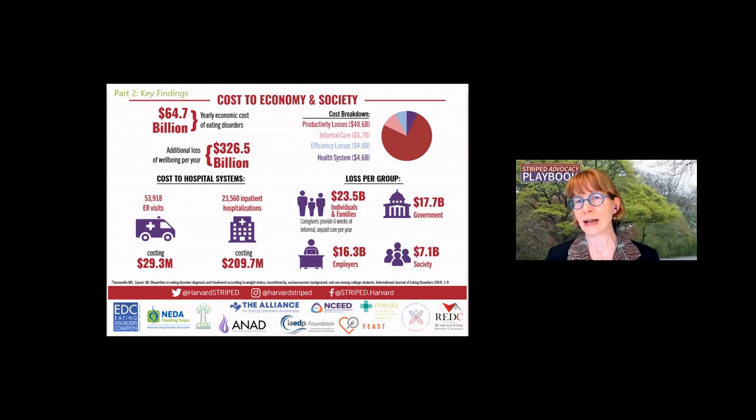Productivity losses, again, this has to do with work, workplaces, close to $49 billion lost because of the impact of eating disorders and the lack of care that we need for eating disorders. Informal care refers to family members, loved ones needing to care for someone with an eating disorder. Health system costs at $4.5 billion we're seeing because of eating disorders.